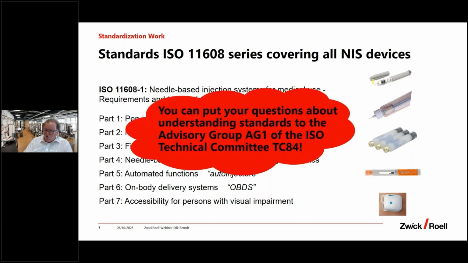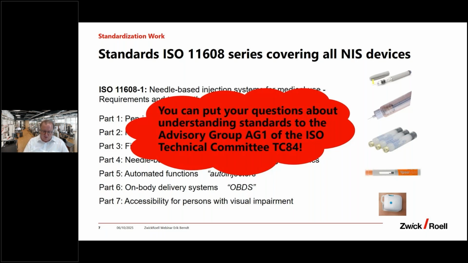What is very important for you, and fewer persons are aware of this, we founded a so-named advisory group, AG1, in the ISO Technical Committee TC84. With this, you can put your questions on these standards to this advisory group. This means when you do not understand a sentence, we know everybody has perhaps a different understanding, you have very special technical points, and so on.